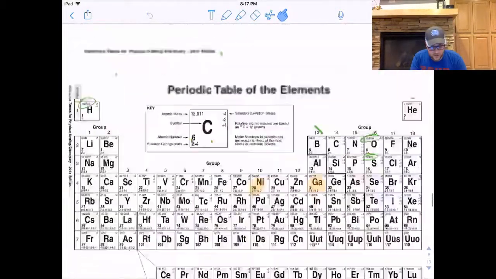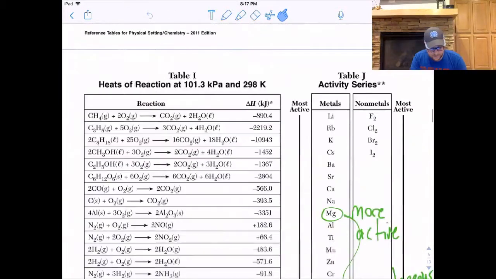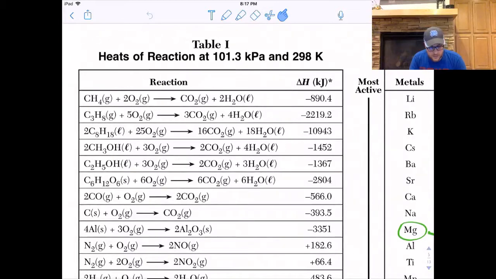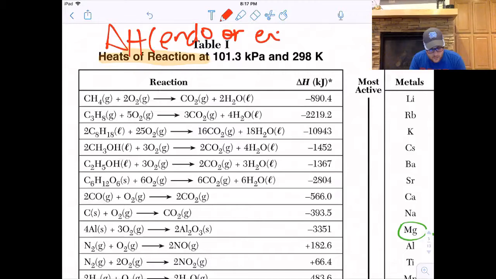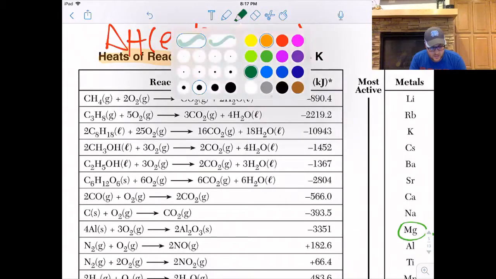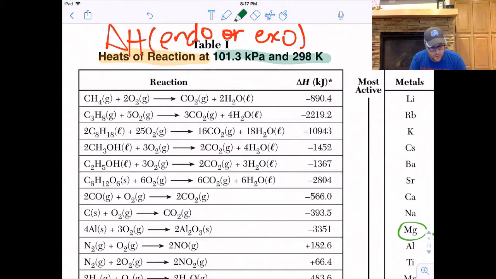So Table I is the heats of your reactions, aka delta H, aka is this endo or exothermic, at these conditions. So if you see these conditions pop up in a question, and then something about endo or exothermic pop up in the question, like, which one of these reactions is exothermic?